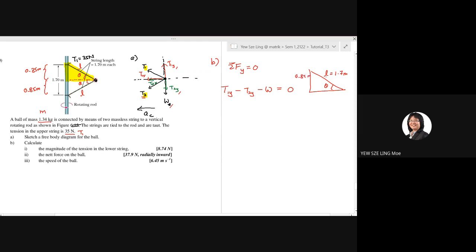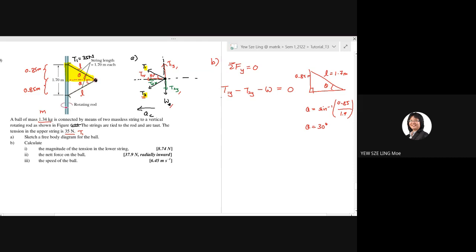So you have the hypotenuse and the opposite, and you want to find the angle. Theta equals sine inverse of opposite 0.85 divided by hypotenuse 1.7, which gives you theta equals 30 degrees. This 30 degree is located here. So angle theta is 30 degrees.